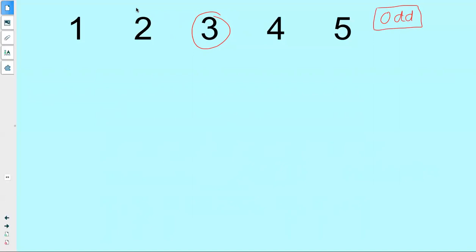Again, if I was to do 1, 2, 3, 4, 5, 6, 7, what is the middle value of this one? The middle value of this one is 4.